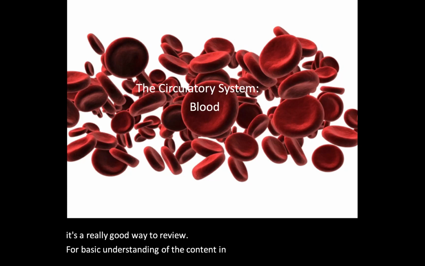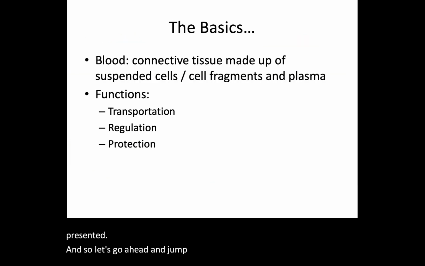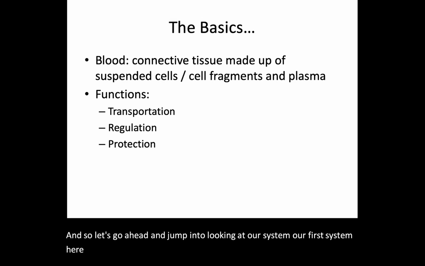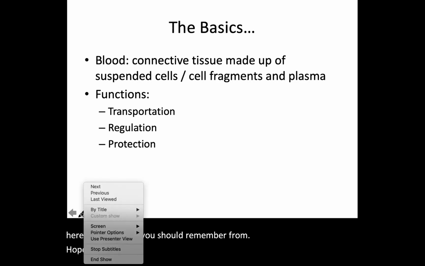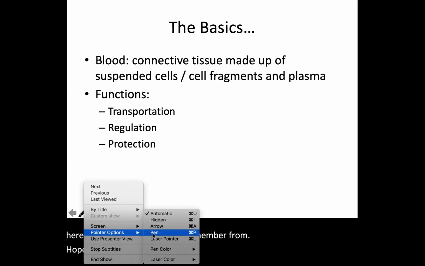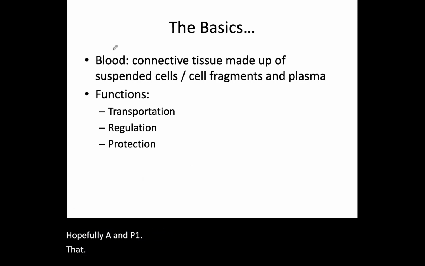And so let's go ahead and jump into looking at our first system here in A&P II. You should remember from hopefully A&P I that blood is more than just a substance. Blood is a tissue.